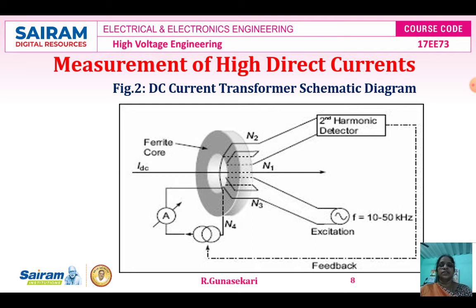The second harmonic detector also is there, and the frequency of the excitation winding is 10 to 50 kilohertz, and then the feedback from the second harmonic detector comes to the fourth winding, because the fourth winding is only used to make the second order harmonic current 0.